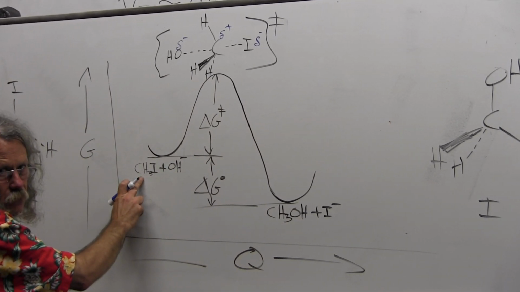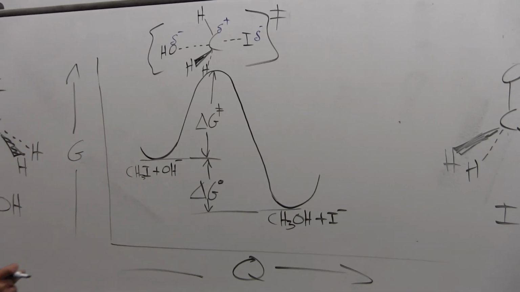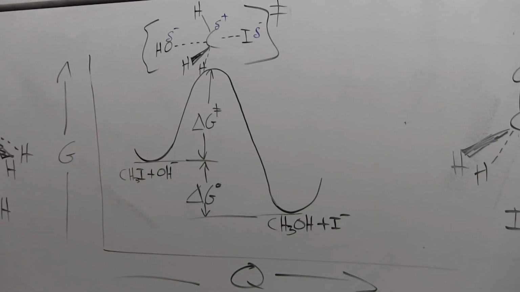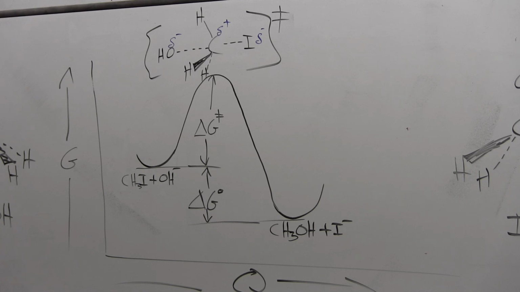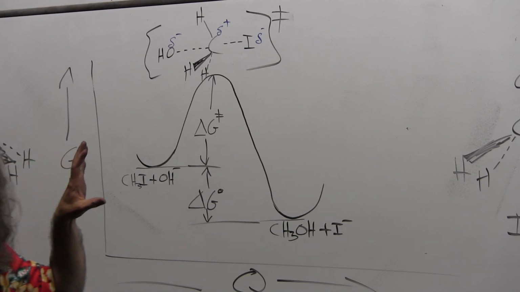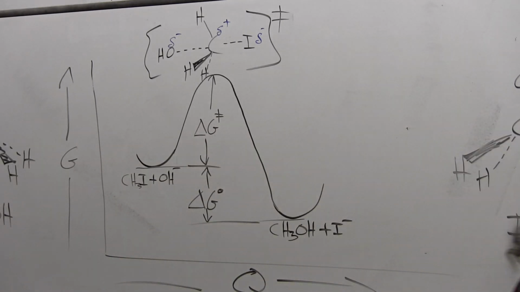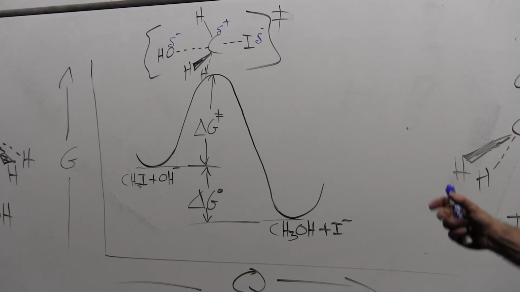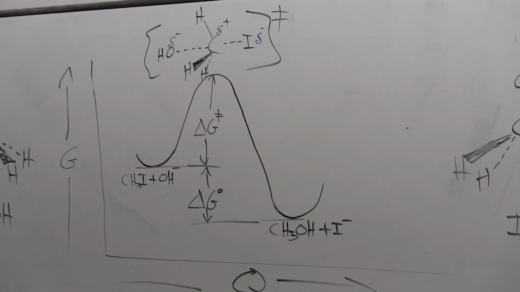And because it's slightly negative on top, that is going to slow it a little bit. Actually, the charge is spread out in the transition state. It doesn't have to do with total net charge. It doesn't really have an increase in net charge.